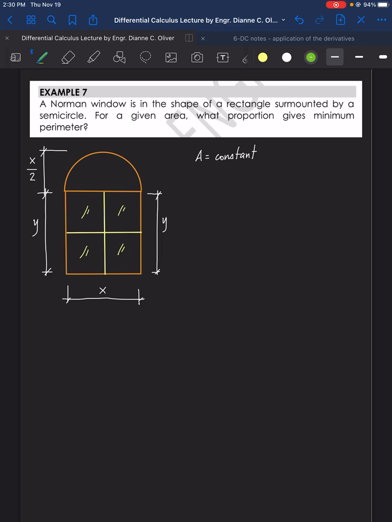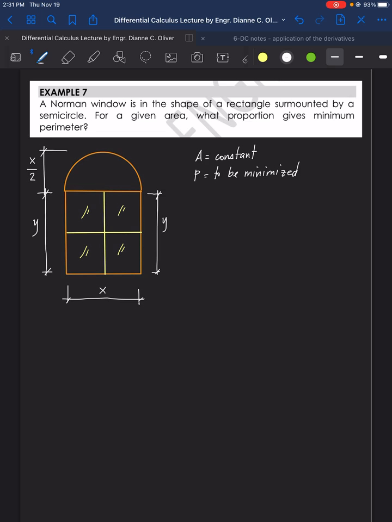The problem is looking for the proportion that gives the minimum perimeter. So the one to be minimized is the perimeter. But the problem is specifically looking for a proportion. When you say proportion, it's the comparison from one variable to another.